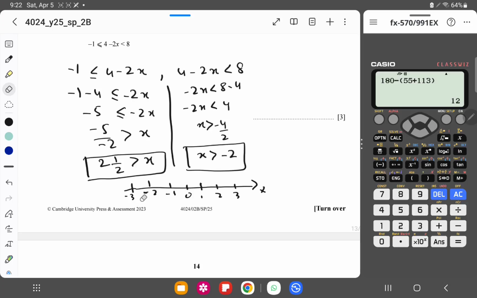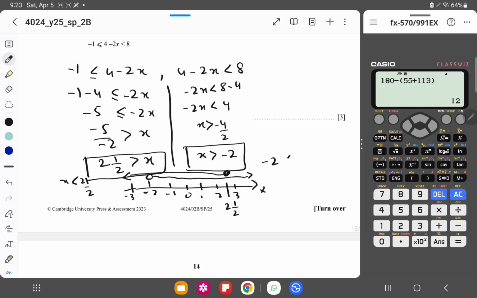So for minus 2, x is greater. And 2 whole 1 over 2: x is less than, that means x is less than or equal to 2 whole 1 over 2.